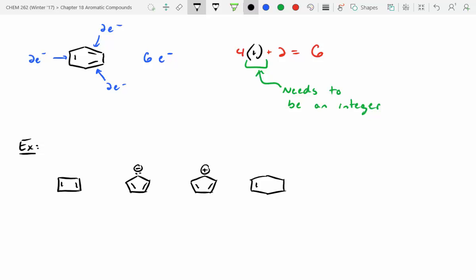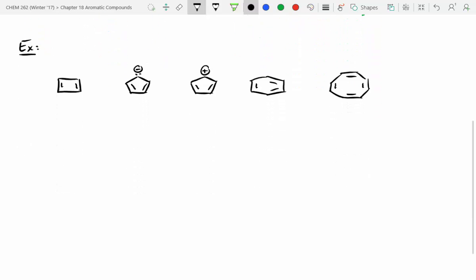We'll do benzene again just for good measure. And then we'll do an octagon that's fully conjugated. I'll give you a minute to work on this, but check with your neighbor and see if you can identify which of these is aromatic.